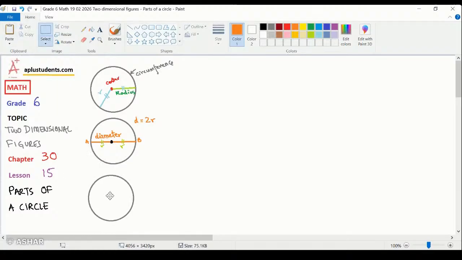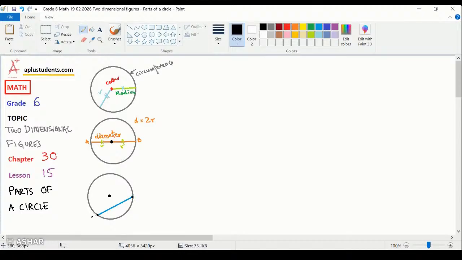Let's have a look at another option. If we have a line which touches the circle internally at any two distinct points, and it's not passing through the center, this was the center, it is touching the circle internally at 2 points.